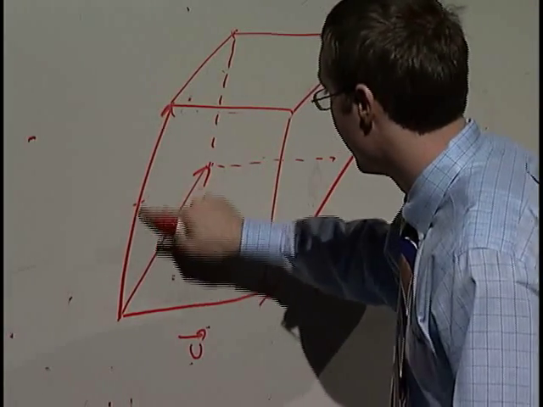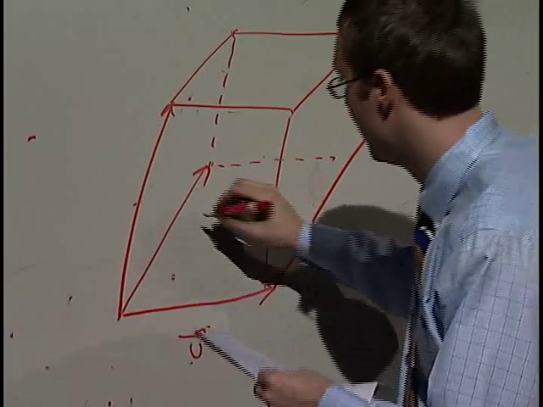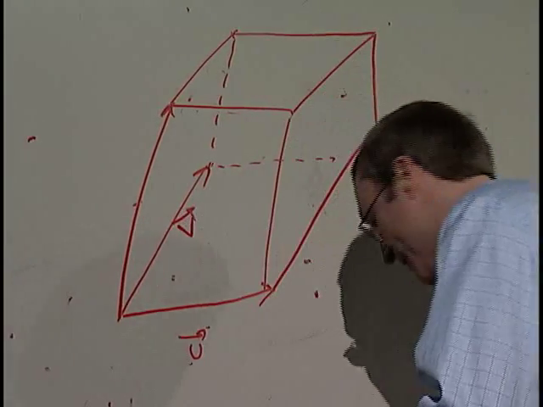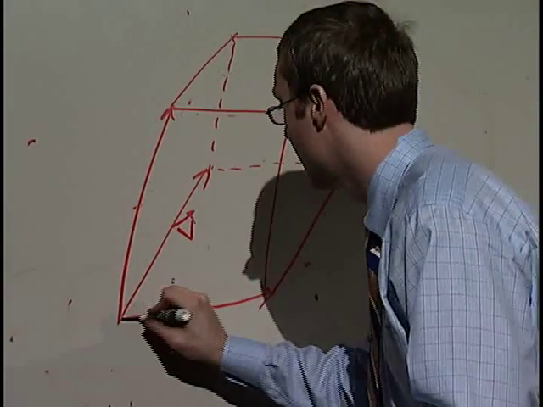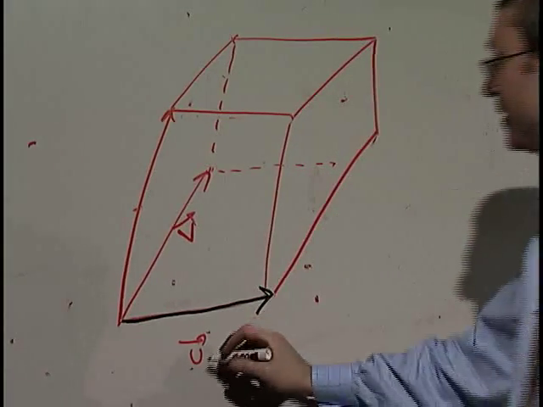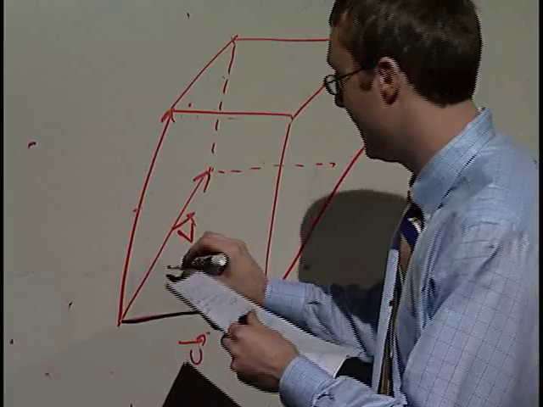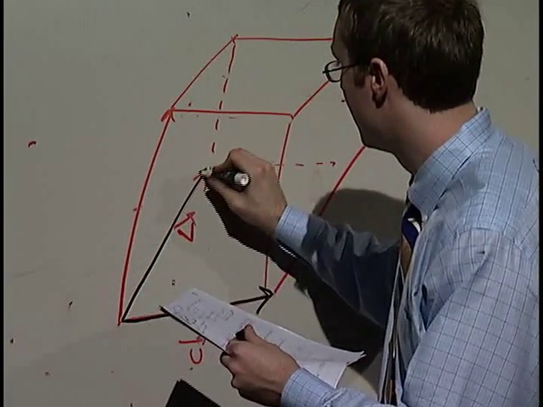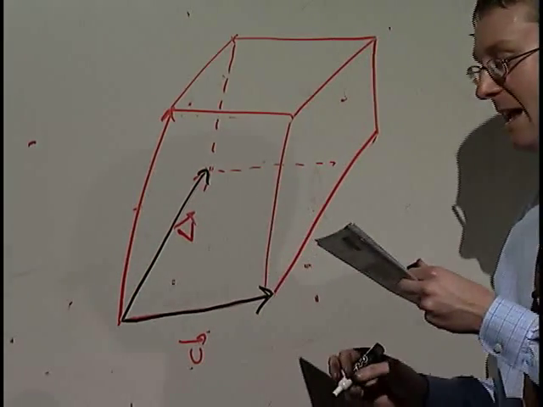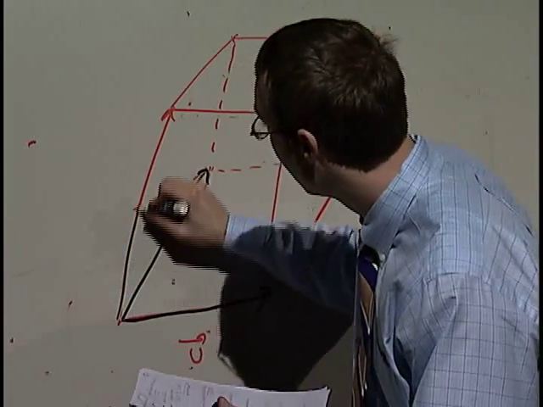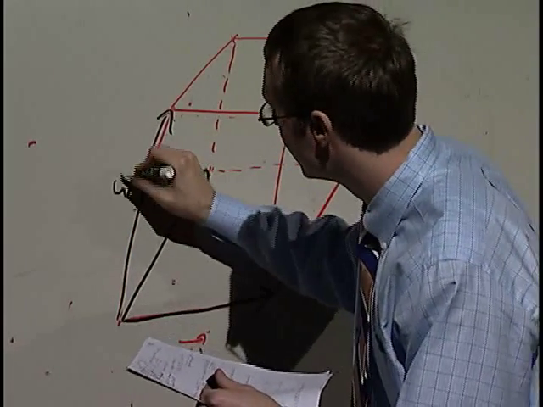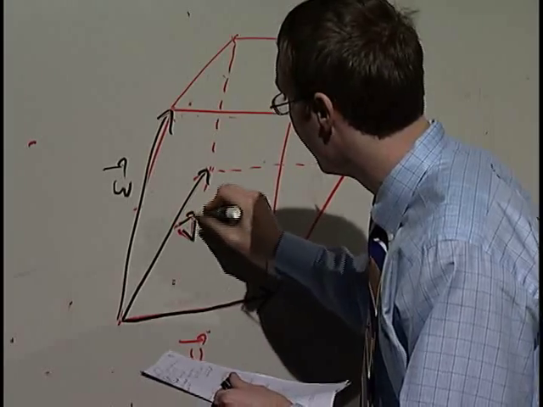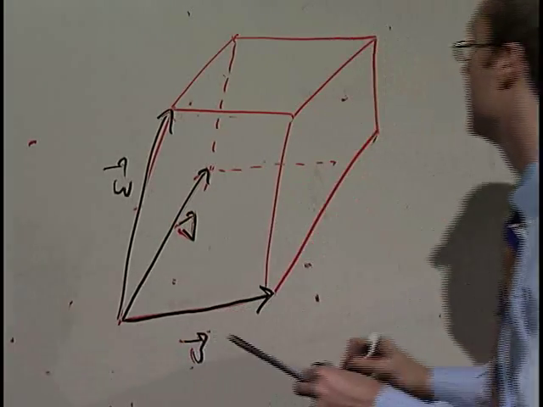So where are our vectors here that are important to us? Let me highlight the vectors we care about in black. So here's vector u. Here is vector v, and vector w is out here. So here's w, here's v, here's u.